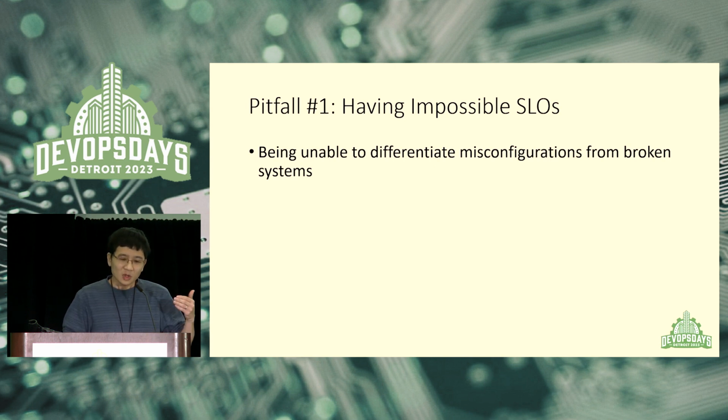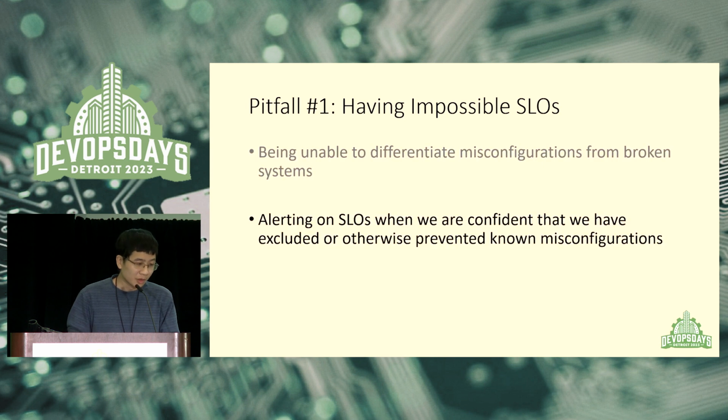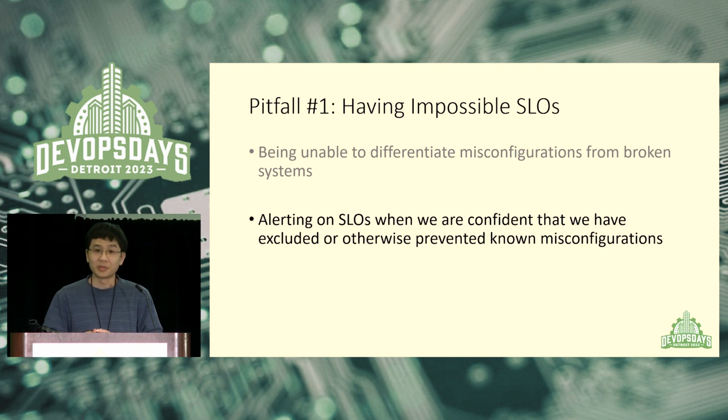So we began to roll back some of these alerts that weren't fully under our control, and started working to remove SLOs until we were confident that we could fully control them and largely consider all of the edge cases in determining what's a valid or invalid page.